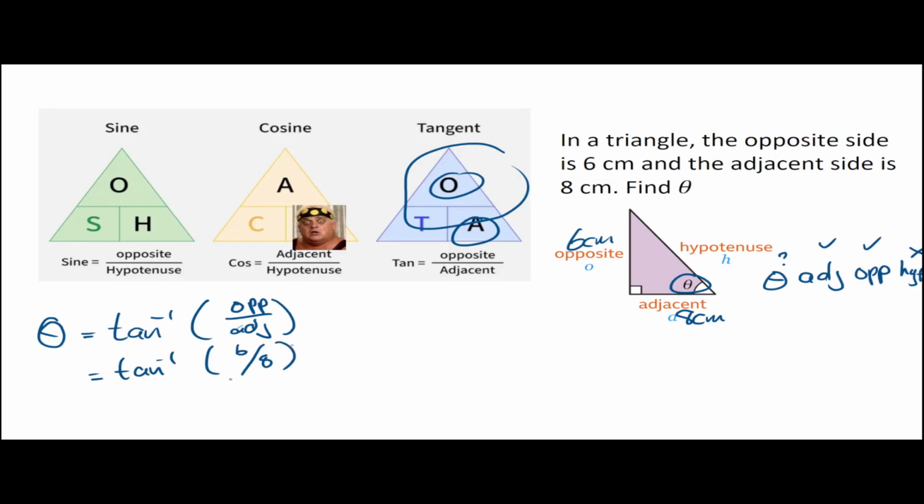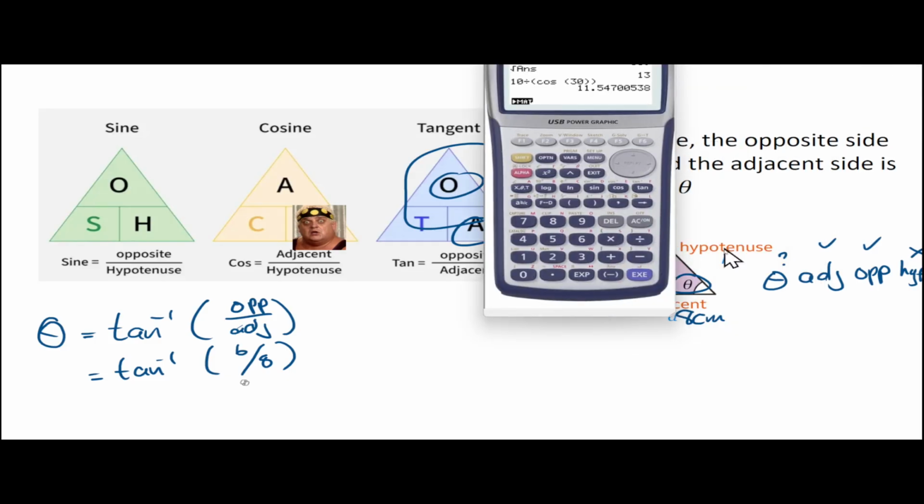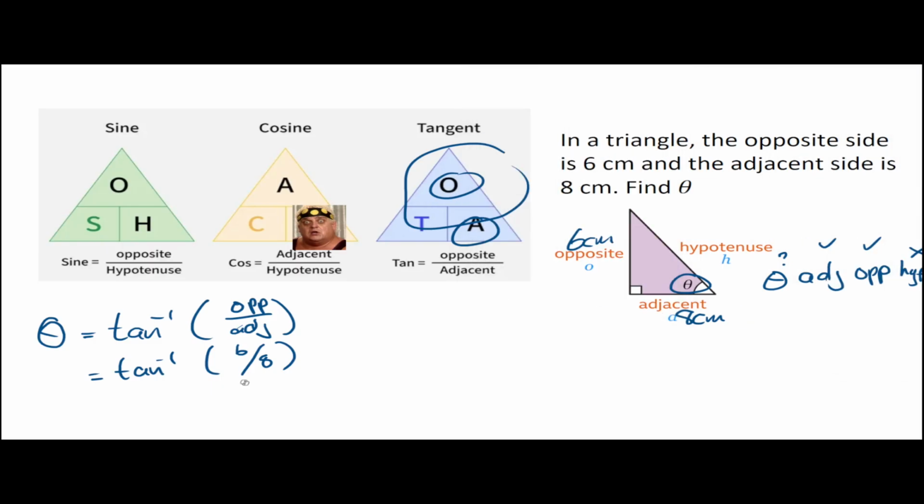Which is tan^-1, the opposite side, which is 6 over 8. It's going to be 0.75, but let's grab the calculator. Shift tan^-1, 6 divided by 8, 36.87. 36.87 what?